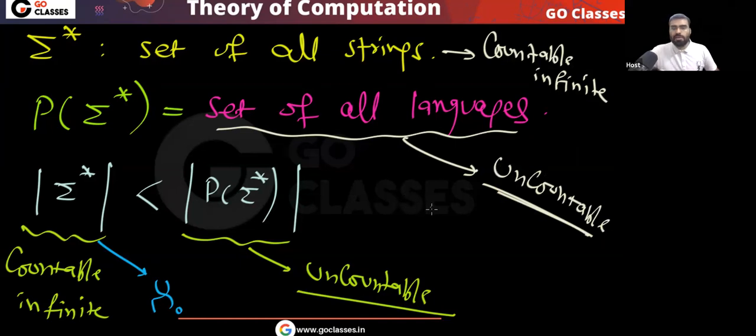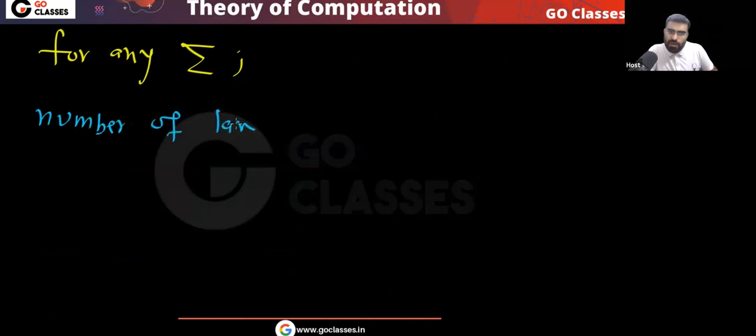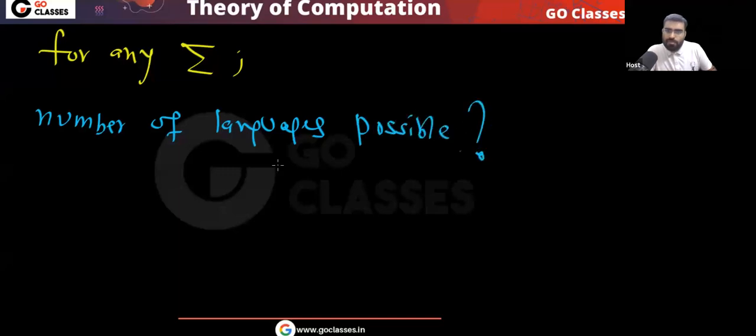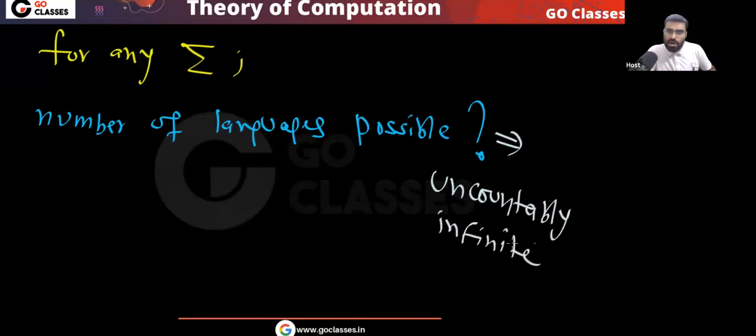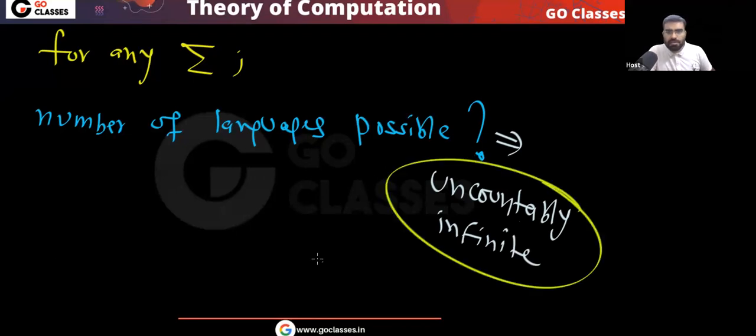If someone asks how many languages are possible for any sigma, that will be uncountably infinite. Is this clear? Please tell me.